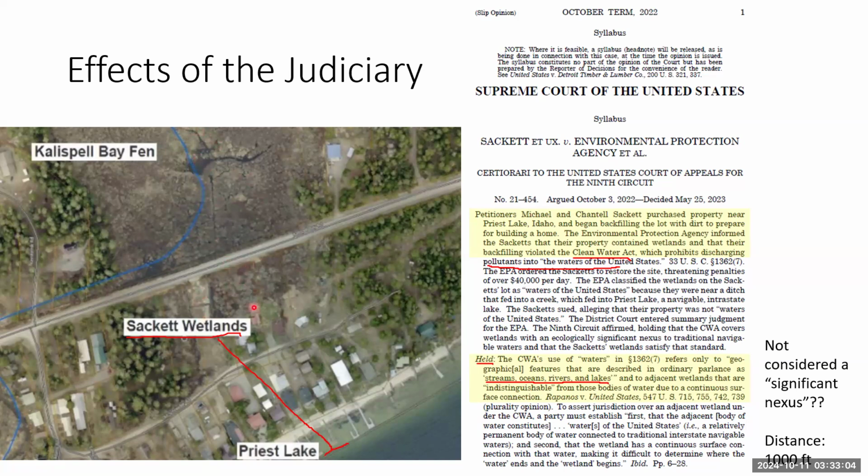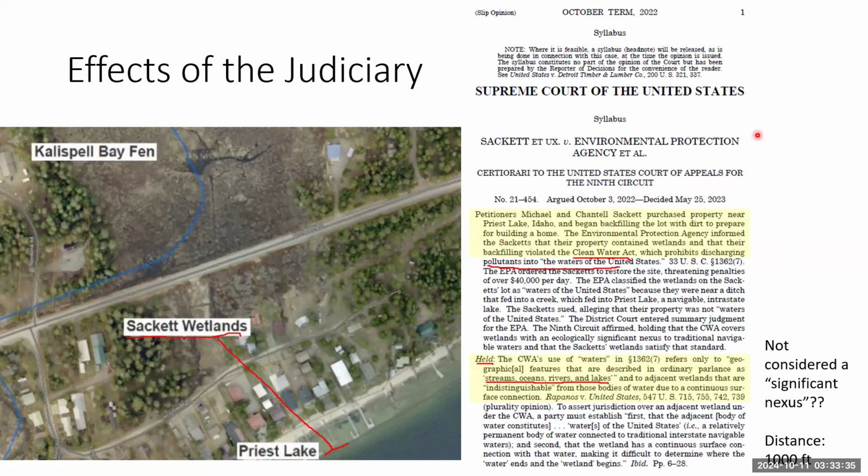So this wetland was part of this wetland until they built this road. And this wetland very clearly has water that flows and connects to that lake. The flow of water surface does not go through the Sackett's property, but this wetland was part of this wetland, i.e. nexus, i.e. navigable waters. But this Supreme Court ruled in favor of the Sacketts, that they were allowed to do that.